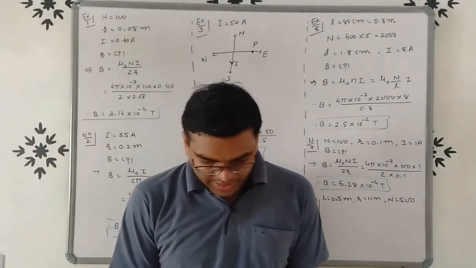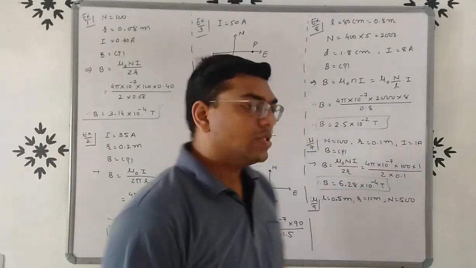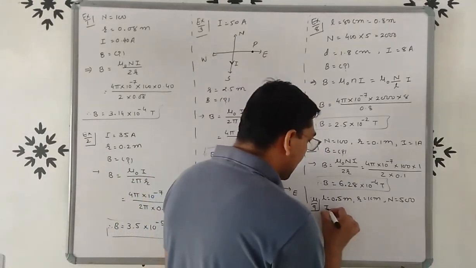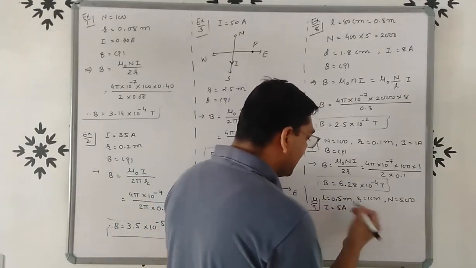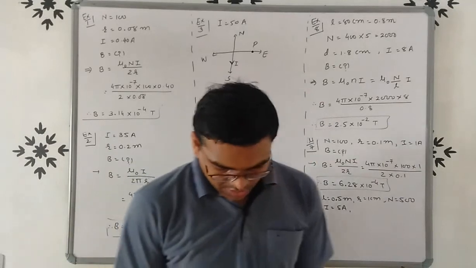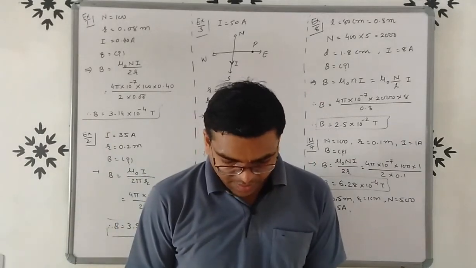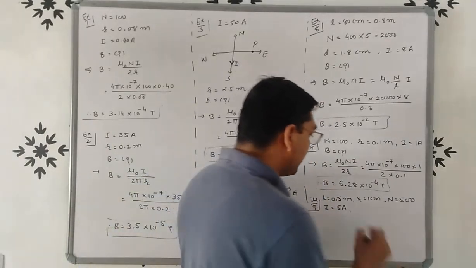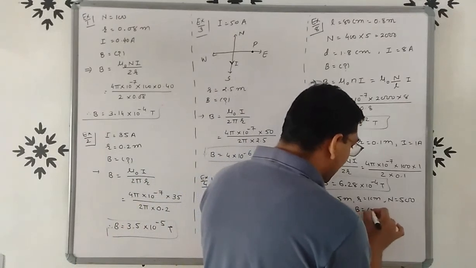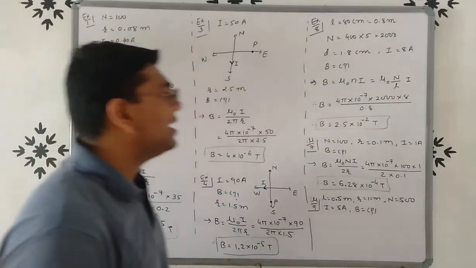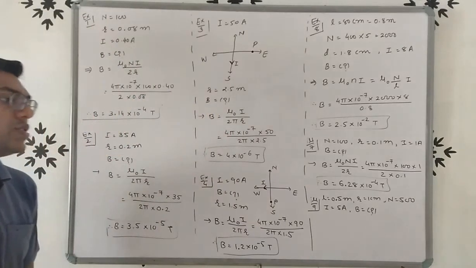It carries a current of 5 ampere. So here the value of current I equals 5 ampere. What is the magnitude of the magnetic field inside the solenoid? So we have to find out the magnitude of magnetic field inside a solenoid.